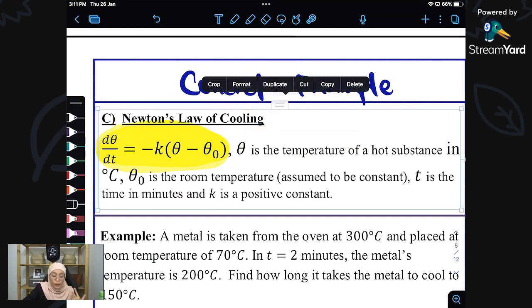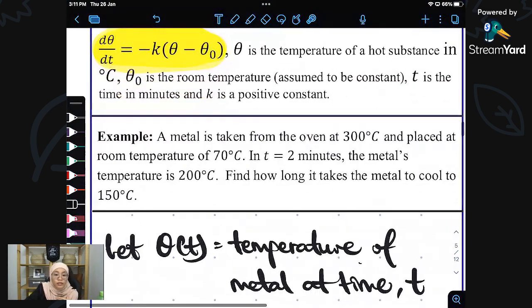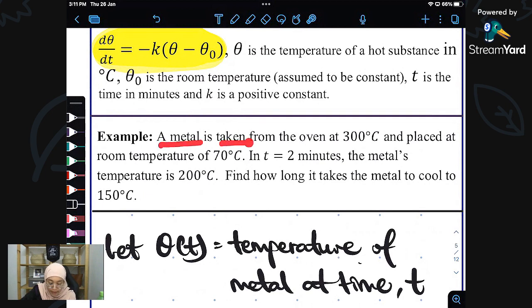All right, so let's read the question. I think it's better to get close to the example. A metal is taken from the oven at 300 degrees Celsius and placed at a room temperature.